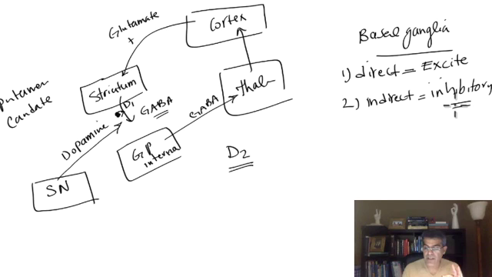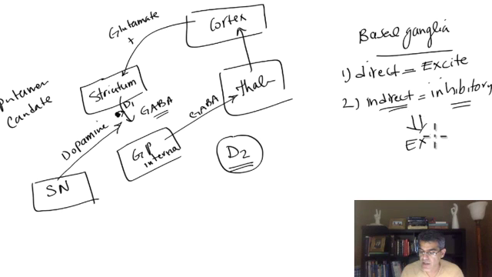In the case of direct pathway, substantia nigra is going to increase the activity of direct pathway. It's going to excite your cortex more. The indirect pathway by nature is inhibitory. Substantia nigra, when it affects indirect pathway, is going to use D2 receptor, and D2 receptor is inhibitory receptor, so it's going to inhibit indirect pathway, and as a result of inhibition of the inhibitory pathway, that is going to turn to excitation also.